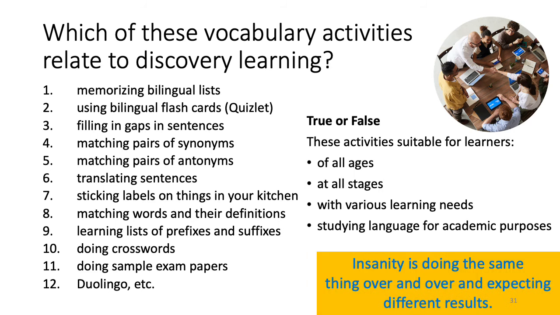And this little quote is attributed to Einstein, but many are. Who knows who really said it? Insanity is doing the same thing over and over and expecting different results. So I'm referring particularly here to learners who get to a certain stage and need to get off their learning plateau.